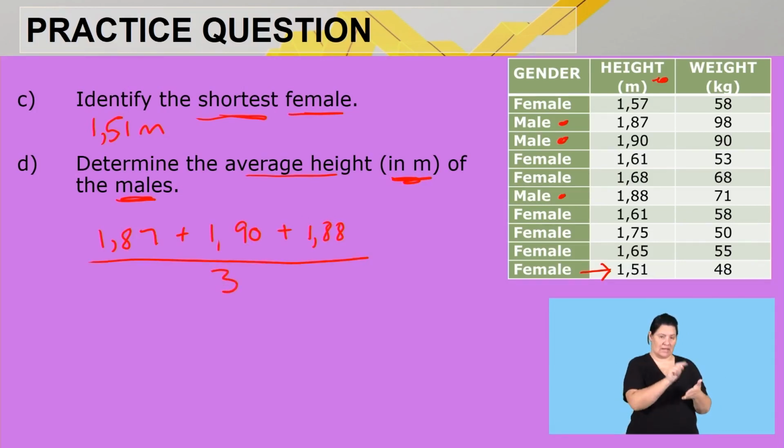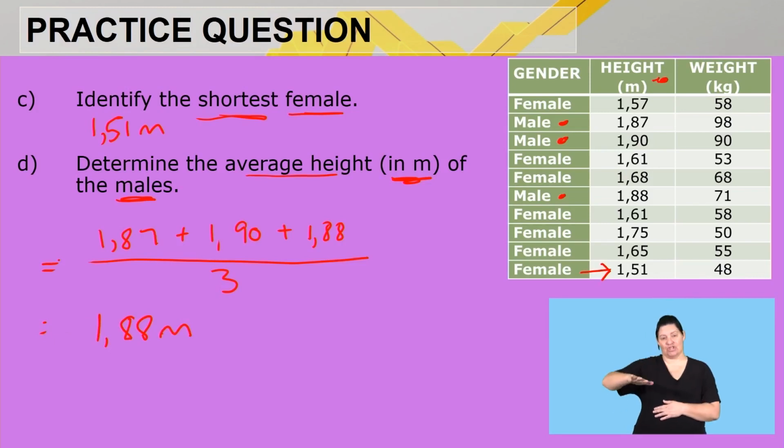So now I'm going to take my calculator, 1.87 plus 1.90 plus the 1.88, and I'll divide that value by 3. So as soon as I do that, I'll get an answer of 1.88 meters. So that will give us the average height of our males in meters.